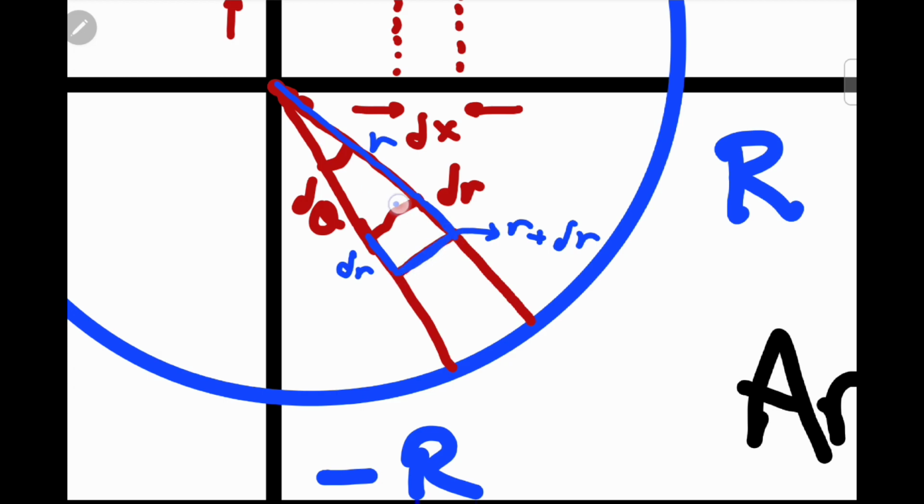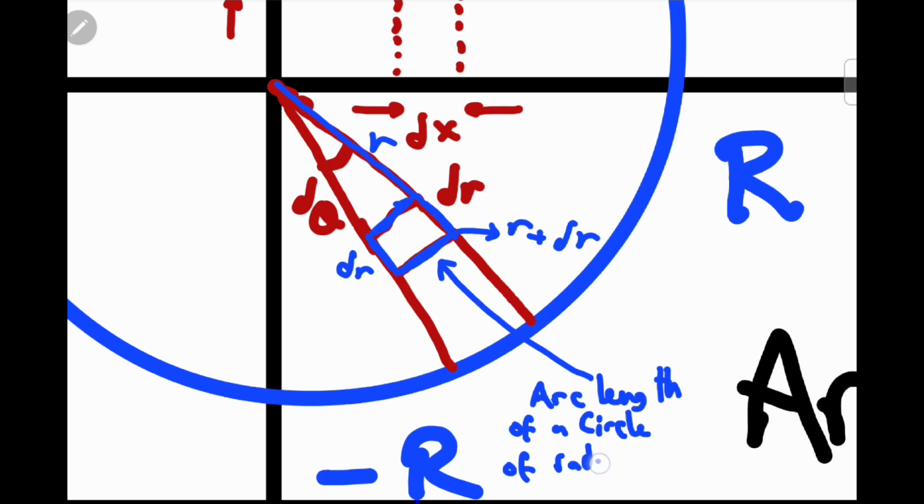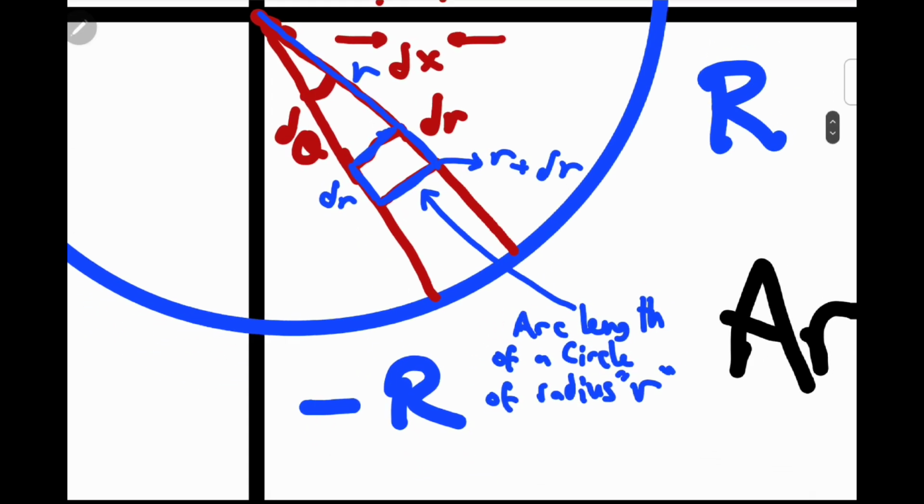And because of this we can use linear approximation to approximate this to be the arc length of a circle of radius little r and angle d theta.